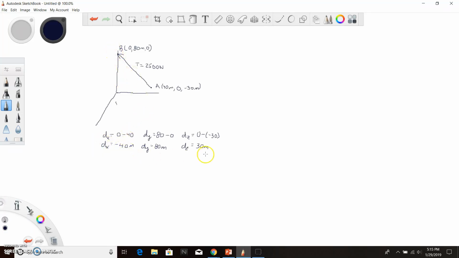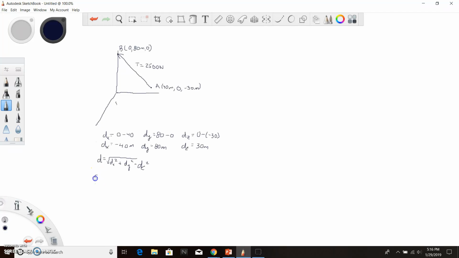I still have to know the length of this line from A to B. But now I can use these components to find that. This is where I use the Pythagorean theorem. d is going to equal the square root of d sub x squared plus d sub y squared plus d sub z squared.